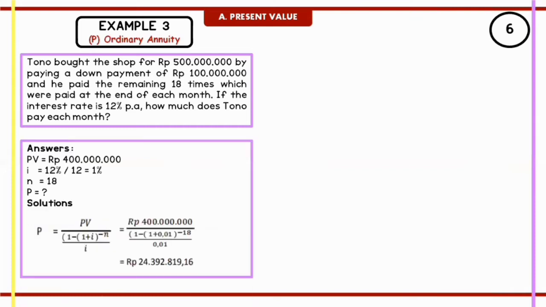And we know PV of this example is 400 million rupees because 500 million minus 100 million. And I, 12% divided by 12 equals to 1%. And n is 18. From this formula, the formula of the ordinary annuity, we got this.